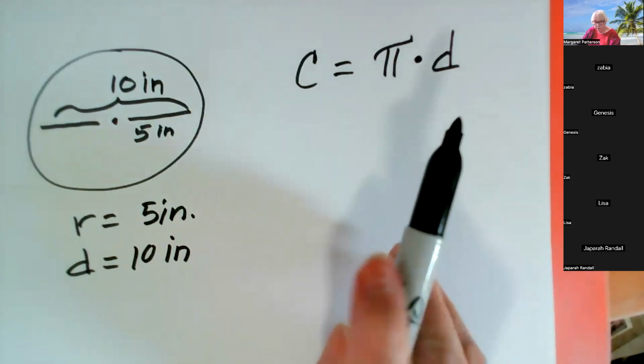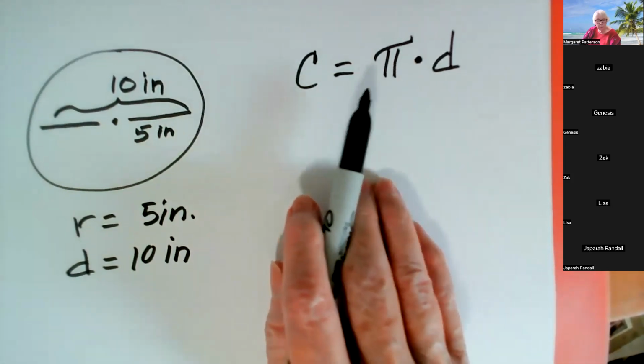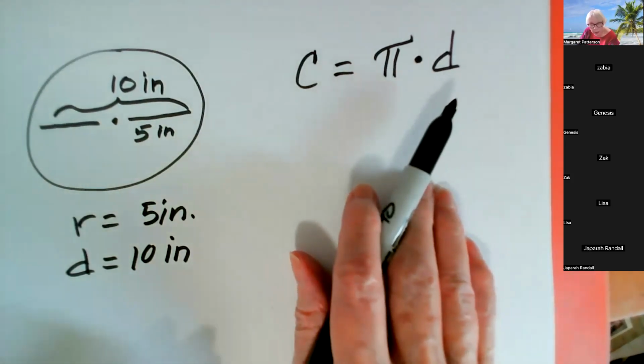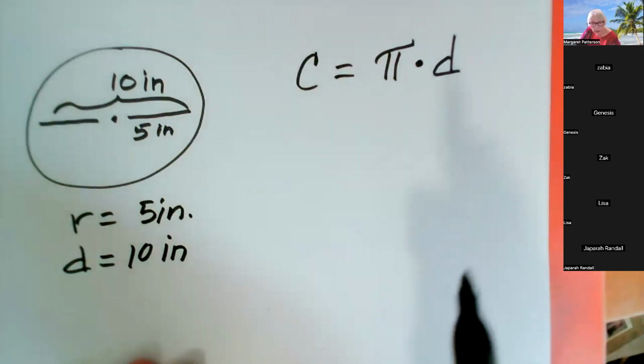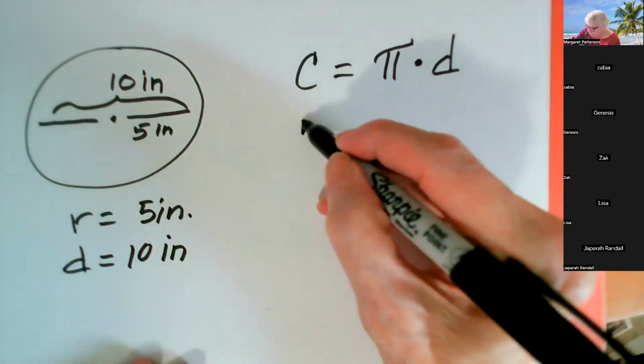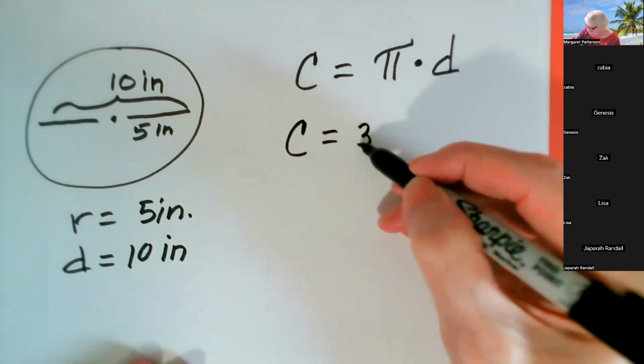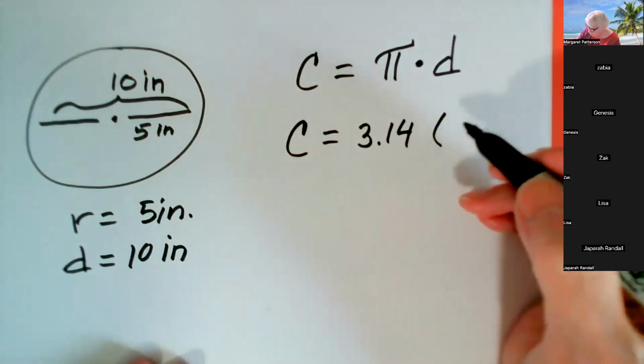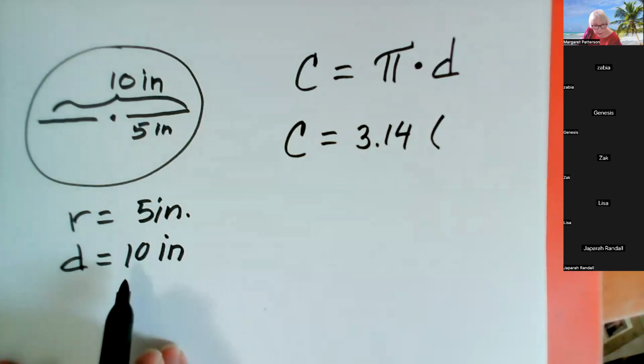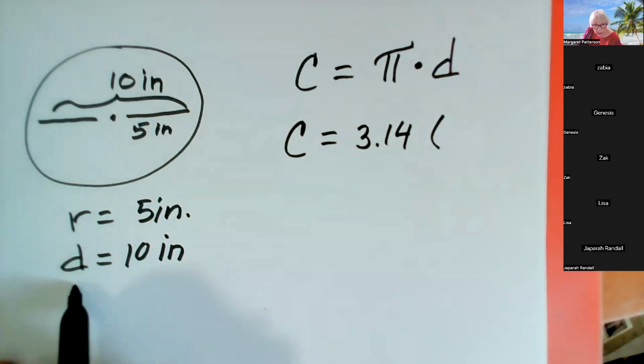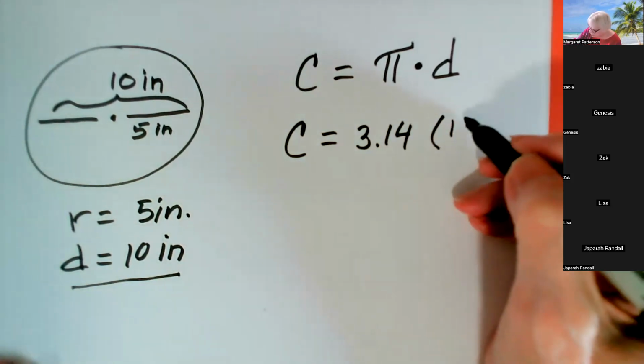And then if you have your list of formulas, sometimes people have them memorized, sometimes not, but you can have a page with your formulas. Circumference equals 3.14 multiplied by the diameter. In our case, this diameter is 10.